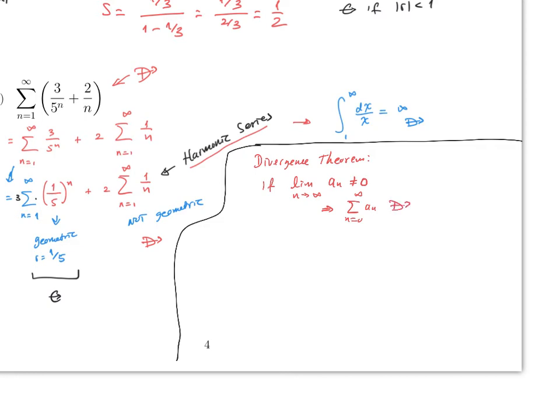Okay, the opposite is not true, meaning if the limit is 0, it doesn't mean that it's convergent. And this is the perfect example. Notice that the limit as n goes to infinity of this is 0, but this is divergent. So if the limit is not 0, then you can say it's divergent. But if the limit is 0, it doesn't mean it's going to be convergent.